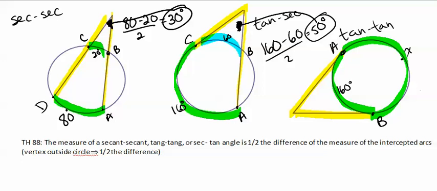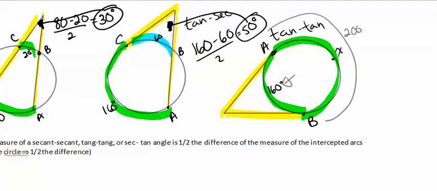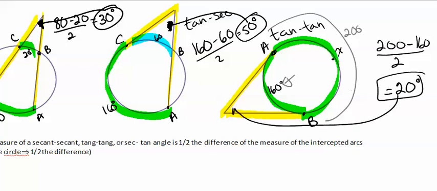So if this part right here is 160, then that means that this arc right here has to be 200. So you take that outside arc, 200, subtract the inside arc, 160, divide by 2, and you get 20 degrees. And that will give you that measurement formed by the tangent lines.